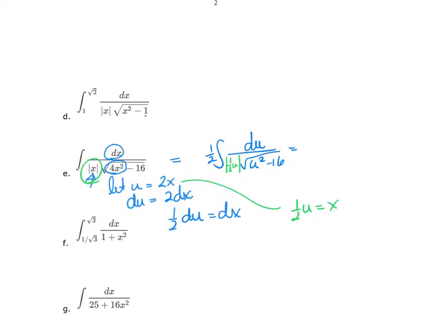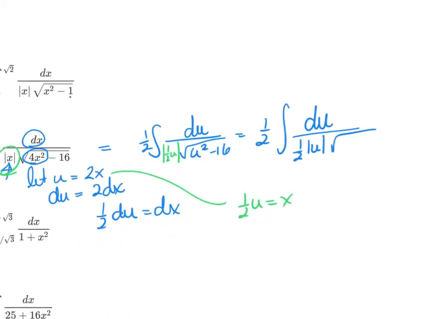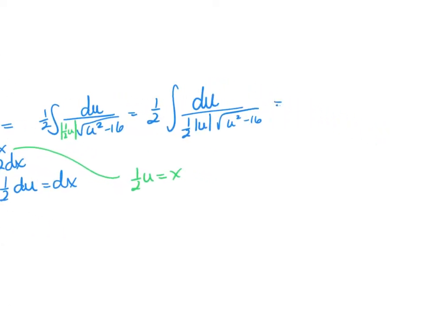So this is going to be equal to 1/2 the integral of du. Well, 1/2 is a positive number, so I can take it out of the absolute value. So it's going to be 1/2 the absolute value of u, the square root of u squared minus 16. Because I have 1/2 in the denominator, this is going to be the same thing as 1/2.